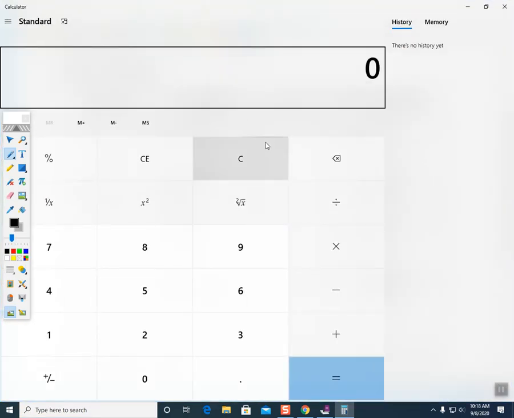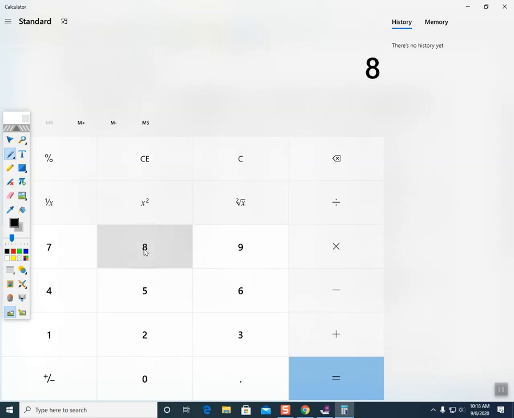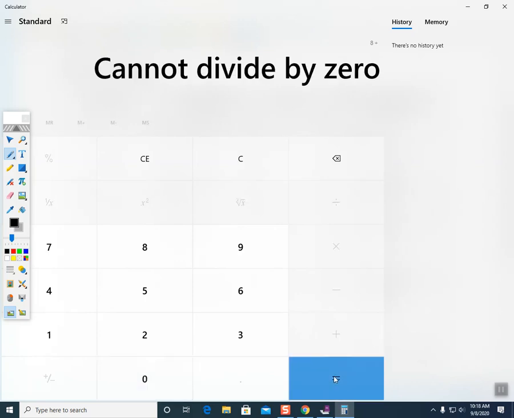If I were to do 8 divided by 0, what do you think my answer is going to be? You would think potentially it would be 0, right? Because 0 divided by another integer is 0. But in fact, I get an answer that will either say error or cannot divide by 0.